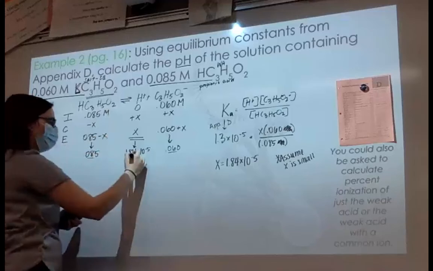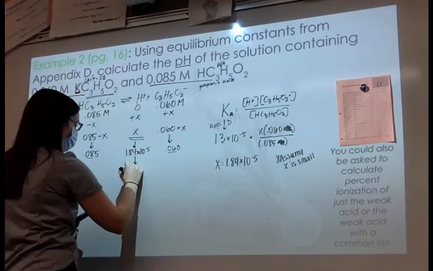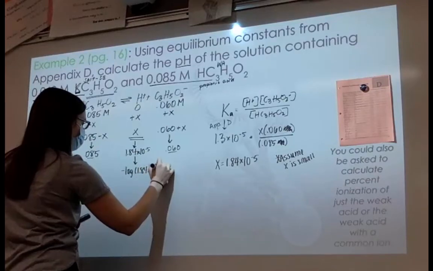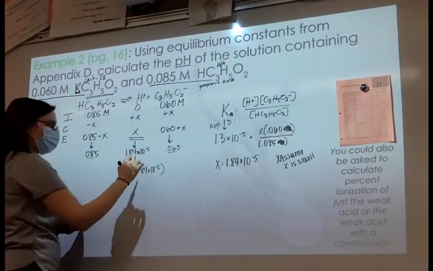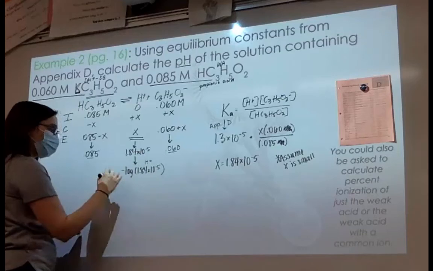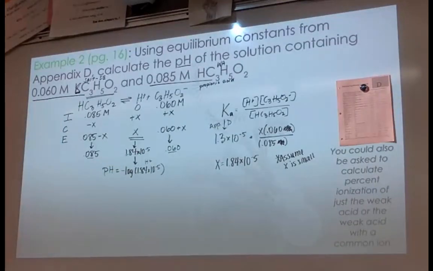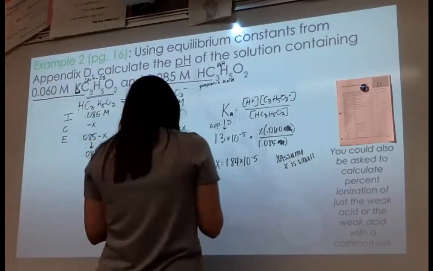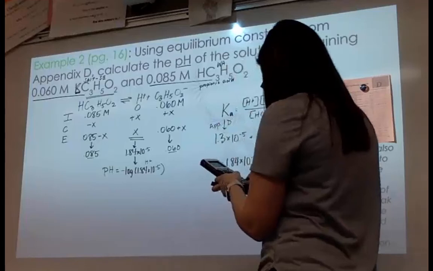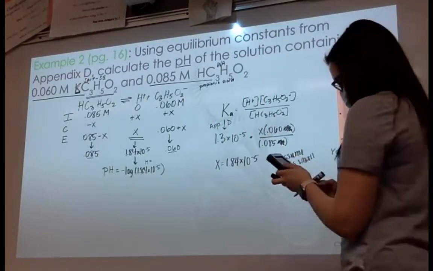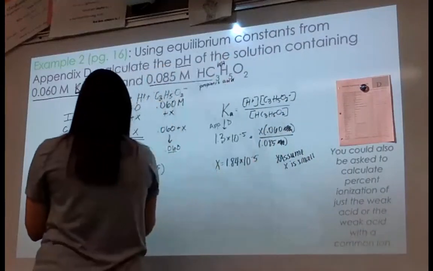Now calculate the pH. So if I take the negative log of 1.84 times 10 to the negative fifth, this is H+. So I am calculating pH here. So negative log of 1.84 e negative 5, 4.74.